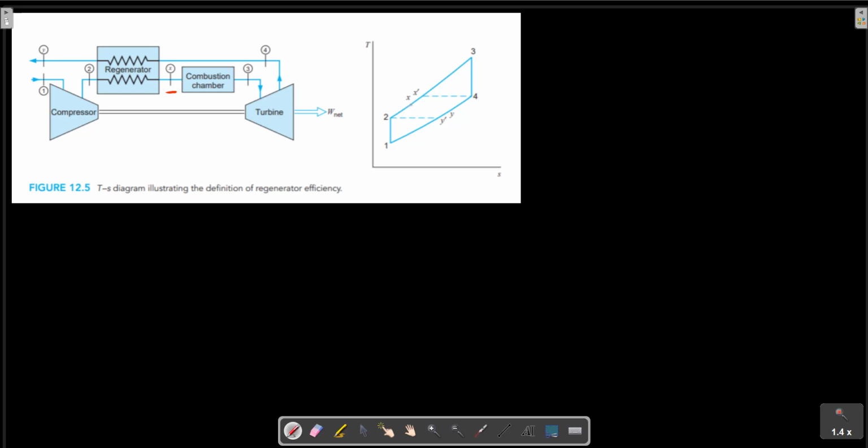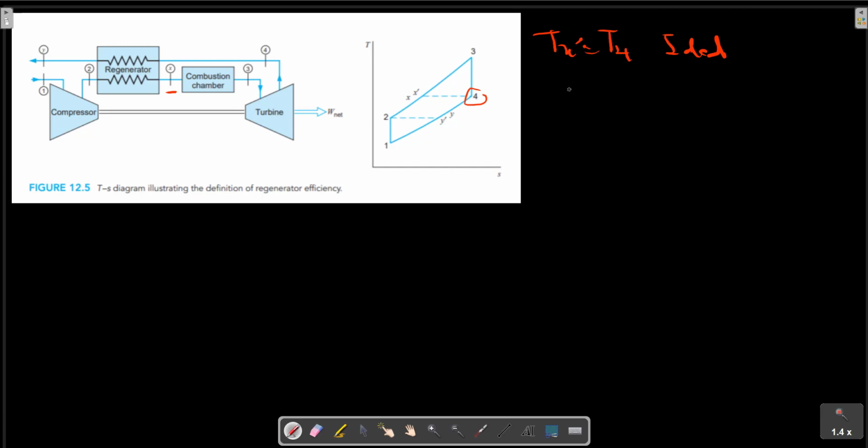In the ideal regenerator, there would be only an infinitesimal temperature difference between the two streams, and the high pressure gas would leave the regenerator at the temperature Tx prime, and Tx prime equals T4. Ideal case.